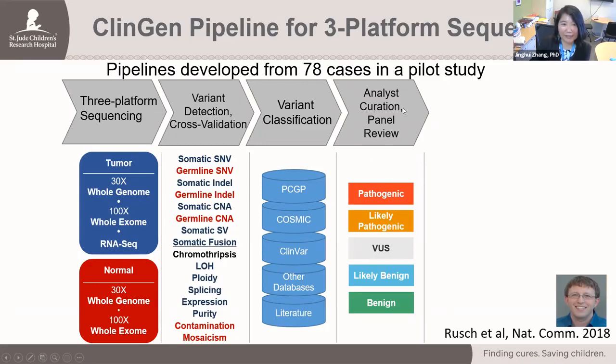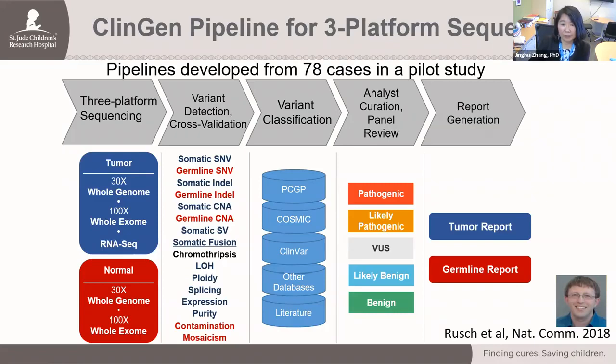Finally, a panel will convene to convert our medals into 5 class categories of pathogenic, likely pathogenic, variant of unknown significance, likely benign, and benign, to sign out the tumor and germline report for every patient that goes through this pipeline.